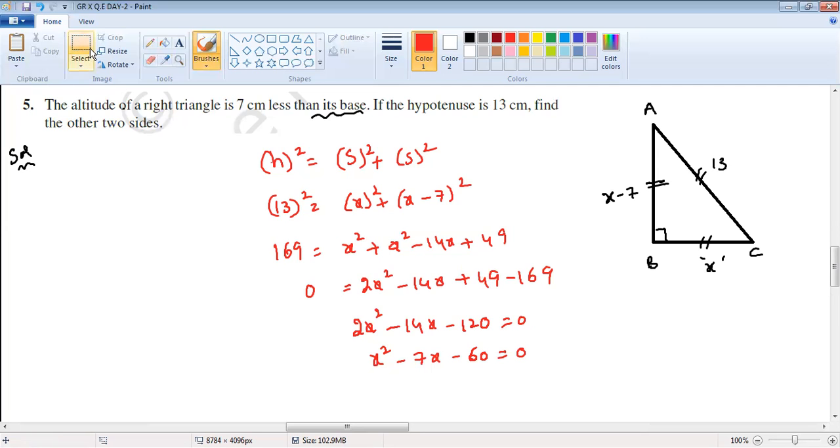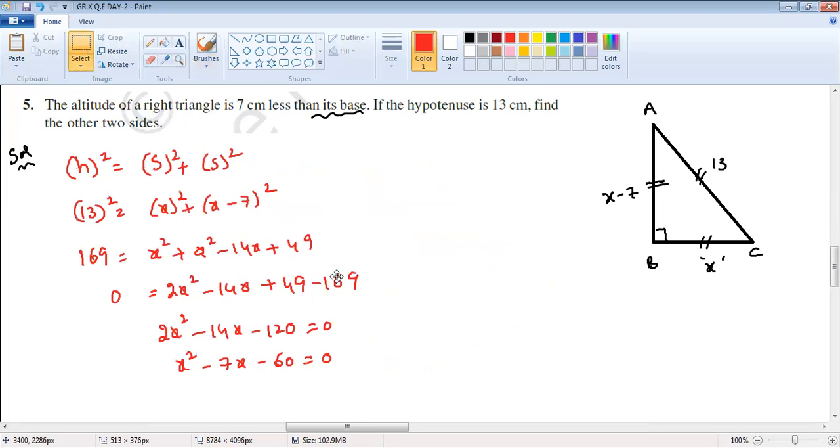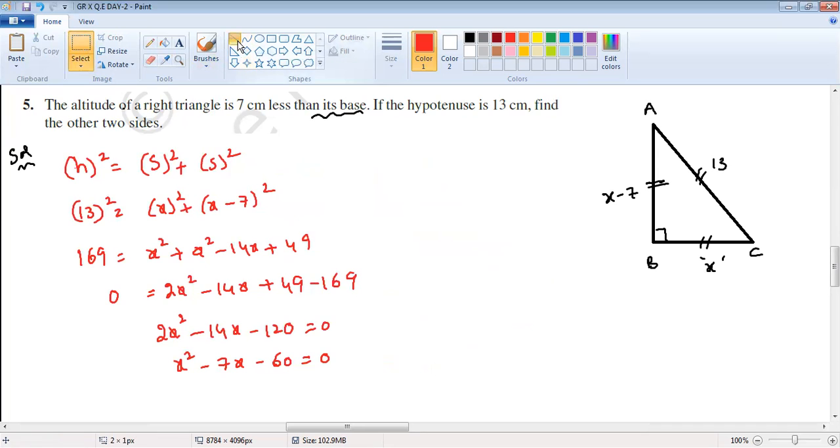Can you split and tell me? Are you doing it, Vaibhav? Yes, sir. Yes, please.